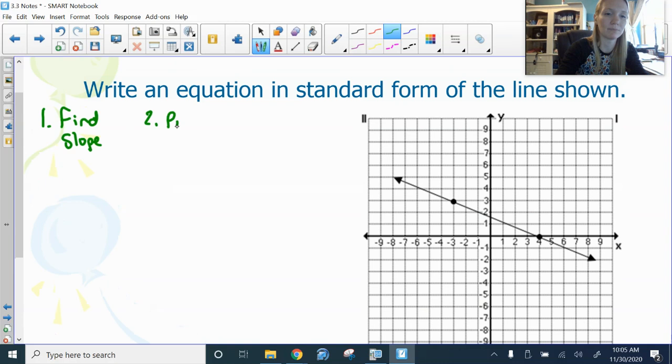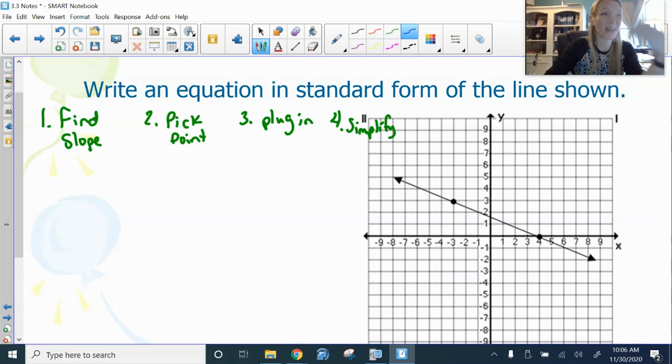We need to pick a point. We need to plug it in. And then we need to simplify.